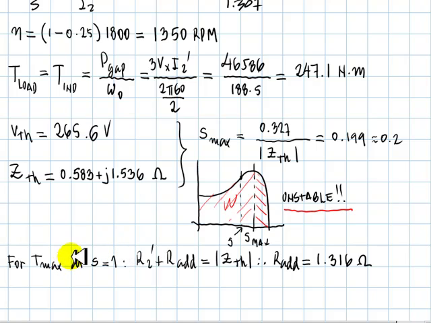So for Tmax at this value, the total resistance of the rotor, R2 prime plus the additional resistance, has to be equal to the magnitude of the Thevenin impedance that we computed before. Solving for the additional resistance, that gives us 1.3 ohms. And that is the solution to this question. Thank you very much.